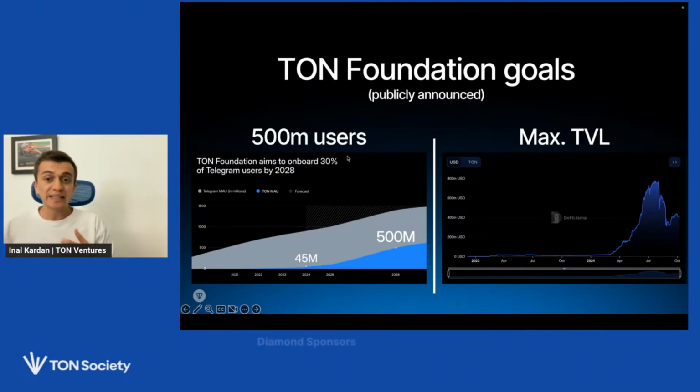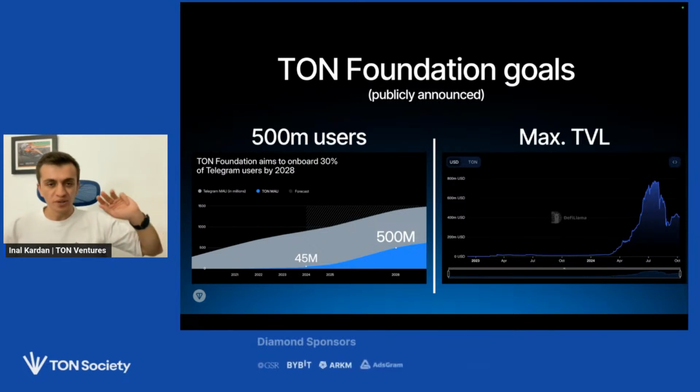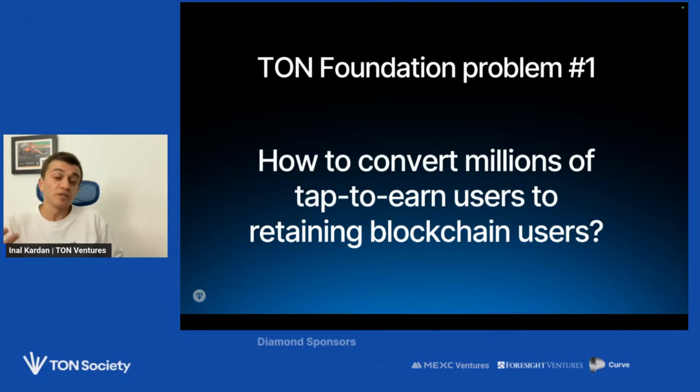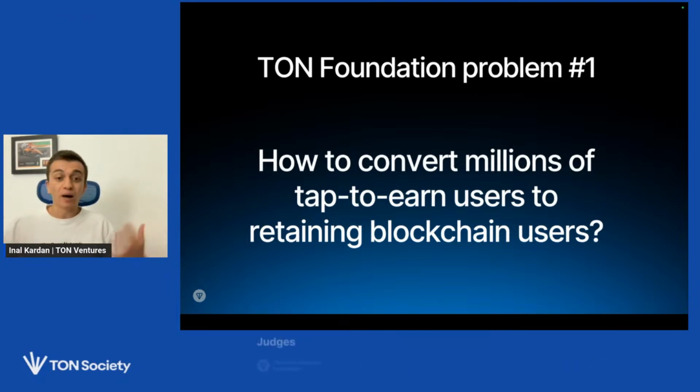So this is like a very simple idea. Either think of how to attract new users, new liquidity, or retain existing millions of users from tap to earn products. Because as we can see right now, obviously not 100% of tap to earn users keep using blockchain after the airdrop, which is actually a challenge for the whole Ton ecosystem, how to retain them.